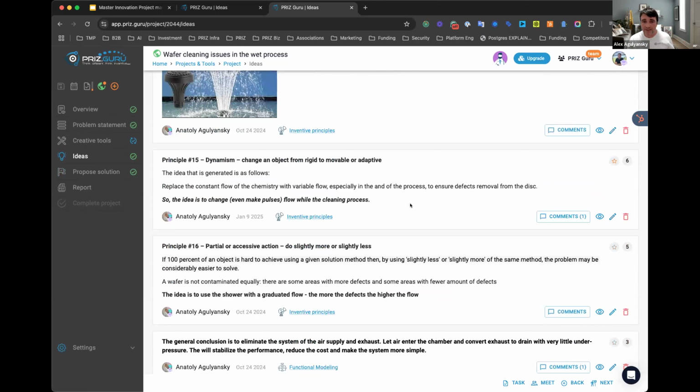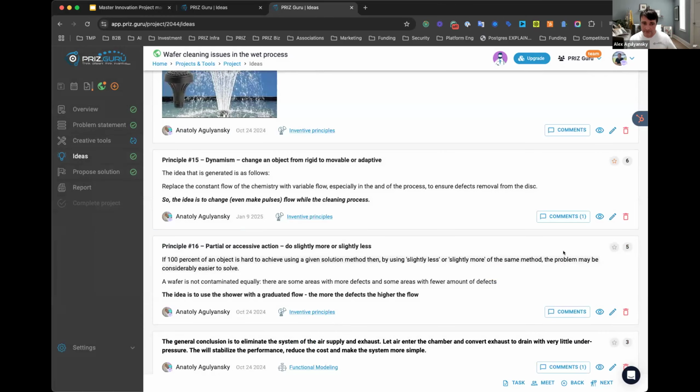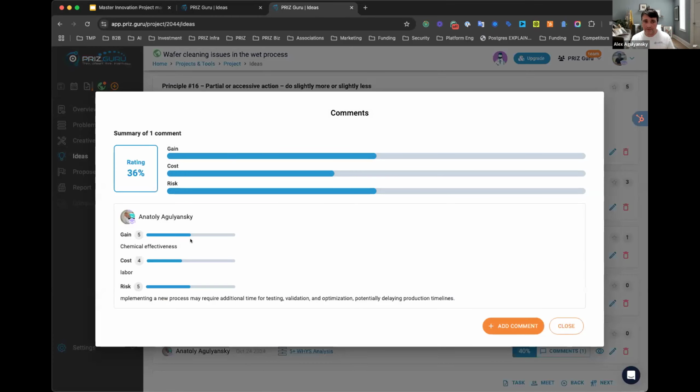The important piece to understand, even in something as simple as an idea, is how we evaluate it. We provide additional tools for that. Different team members can rank these ideas, saying with this idea we're gaining these things, the cost of implementing it is such and such, and the risk is such and such, and everything is documented here.